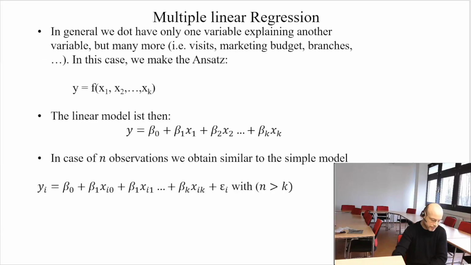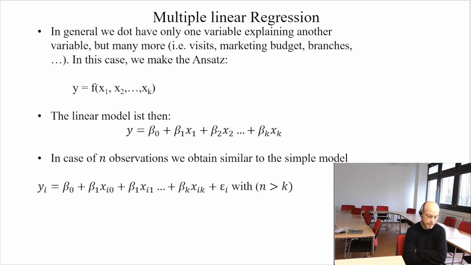Well, that's it for the two-dimensional case. But of course, as always, in real situations we have not only dependencies between two variables, but many dependencies between variables and other variables.